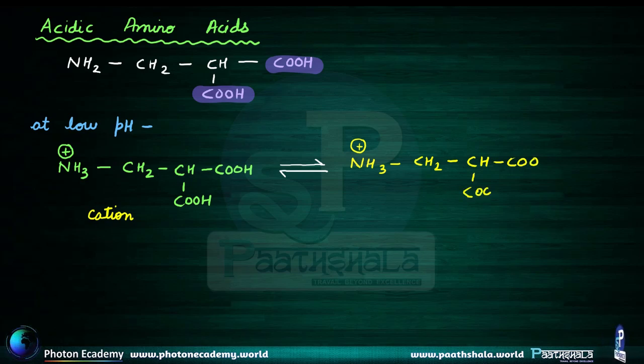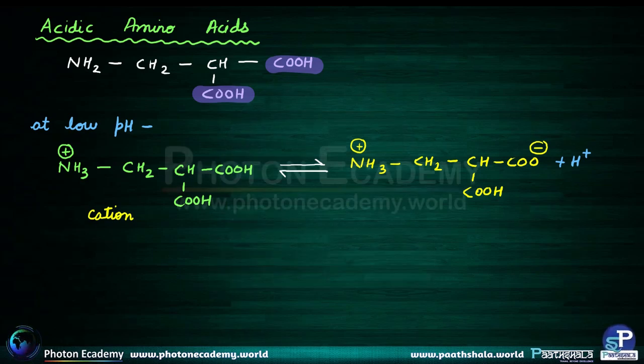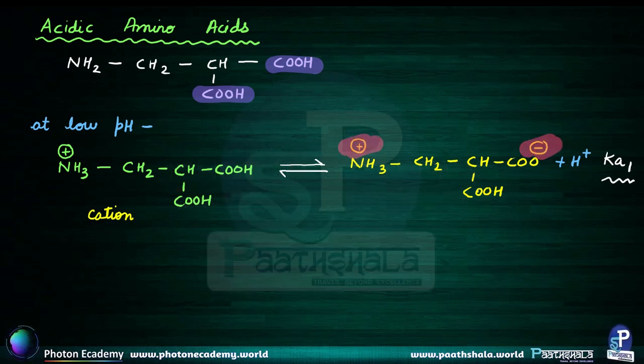Let us suppose that this H plus is lost from this position. We'll consider the dissociation constant of this reaction as Ka1. Let us look at the species which we just got, and we observe that it has both the positive and the negative charge. So it is a dipolar ion.